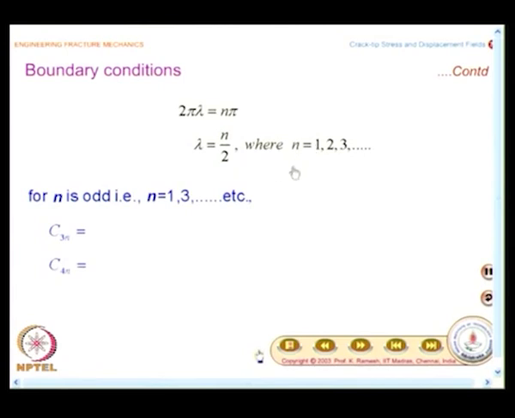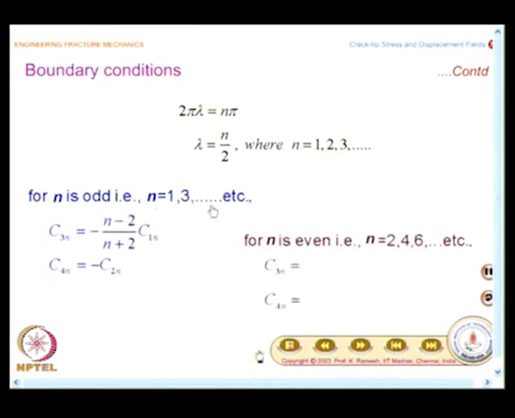And what you also find is the coefficients are not totally independent. There is an interrelationship. When n is odd, when n equal to 1, 3, etc., you get C3n equal to minus (n minus 2) divided by (n plus 2) C1n, and C4n equal to minus C2n.